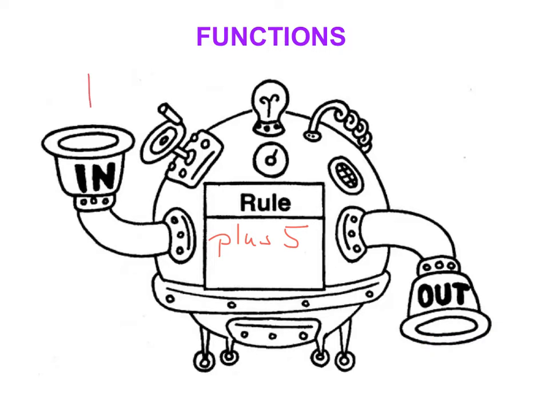For instance, if we put 2 into the machine, it comes into the machine 2 plus 5, and then what comes out is 7. So today we're going to look at input-output tables, which are using this concept of a function machine.